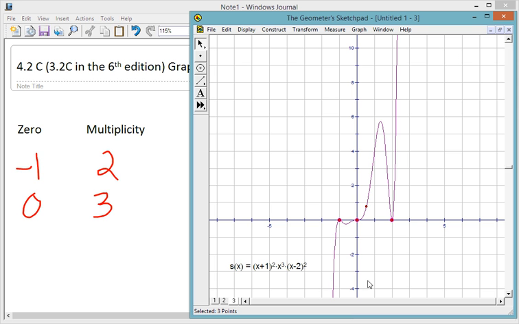And it crosses at this 0 because it's odd, and it crosses with a little bit of a wiggle because it's a 3. It's bigger than 1, right? The last one, my 0 is 2, and it has multiplicity of 2.